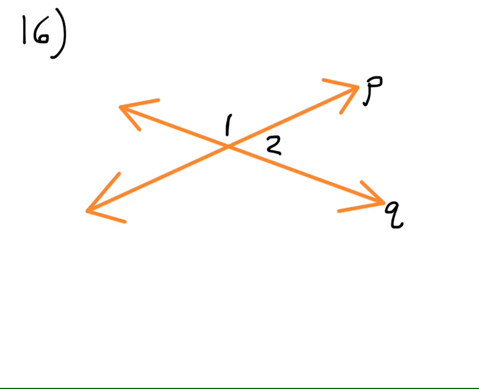If angle 1 is 3x plus 18, and angle 2 is negative 8y minus 70, find the values of x and y so that line P is perpendicular to line Q. If those two lines are perpendicular, what does it say about where they cross?